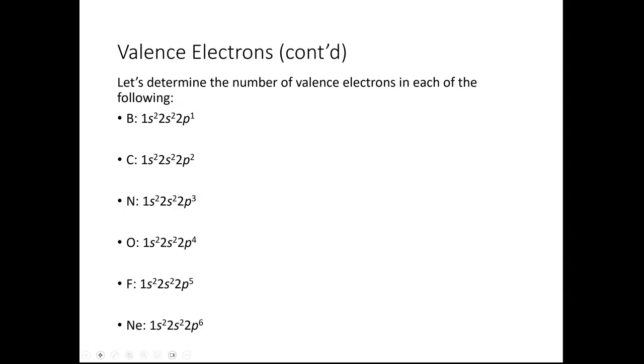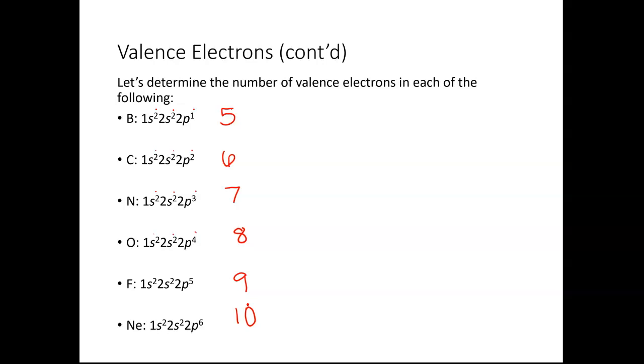We can count the number of valence electrons in each of these. For boron, we've got 2, 4, 5. Carbon, 2, 4, 6. Nitrogen, 2, 4, 7. 2, 4, 8. So you're probably seeing a pattern here.